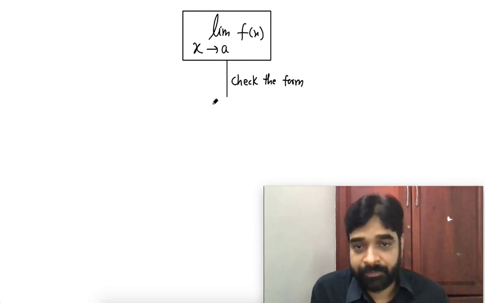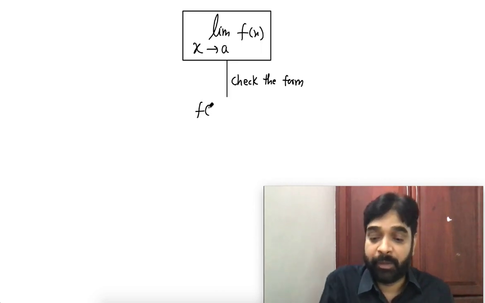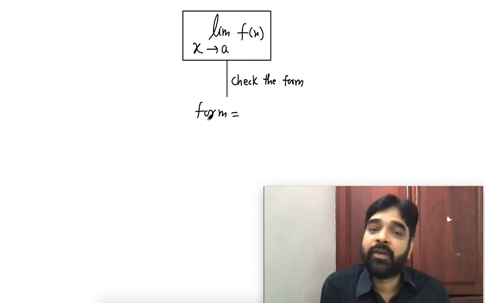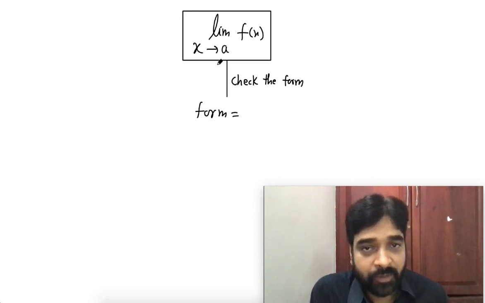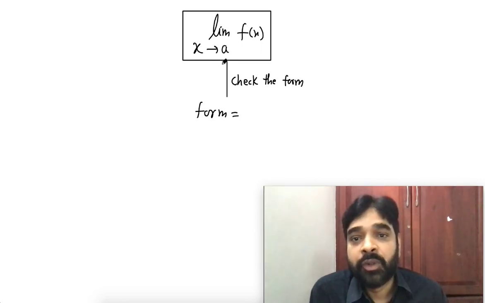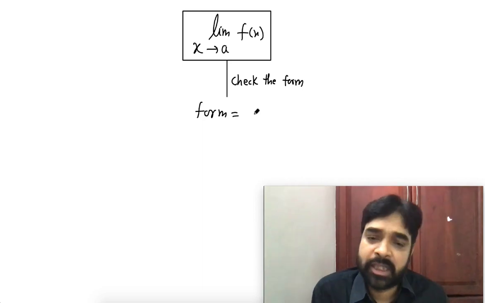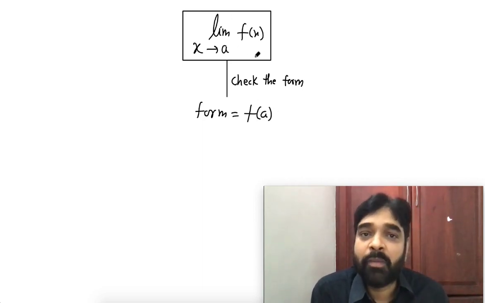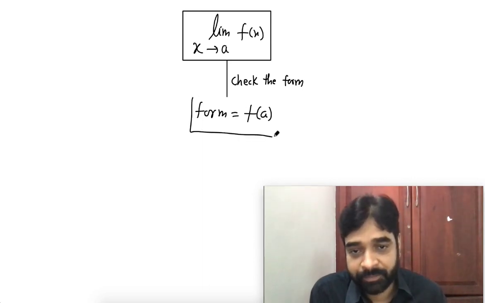What is the form of a limit? It's very important. I will always say, find the form of the limit. Whenever they ask you to find the form of the limit, see where x is approaching, say a. Put a here. Just simply put f(a). So f(a) will be the form of this limit. Understood my point? Check the form.